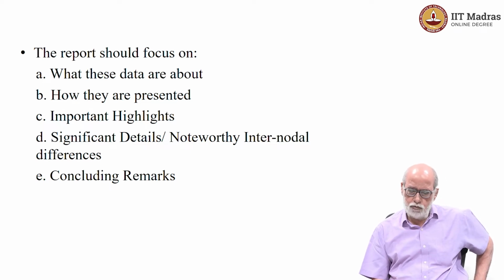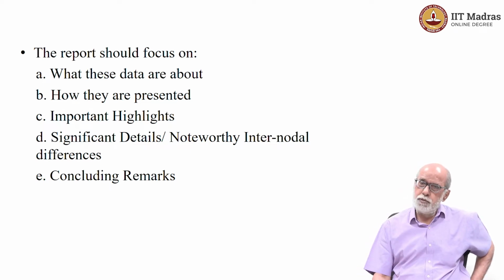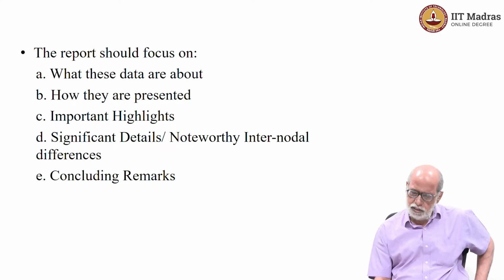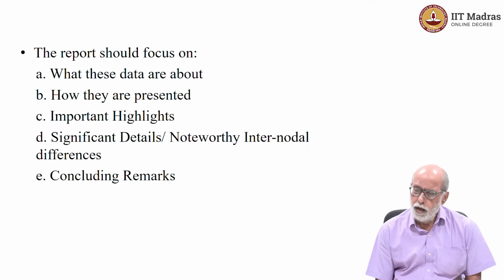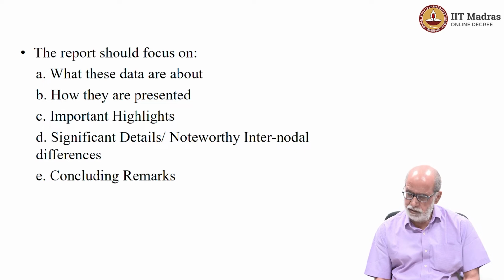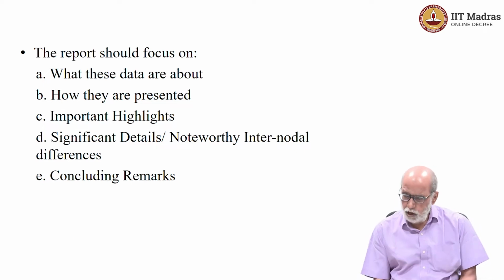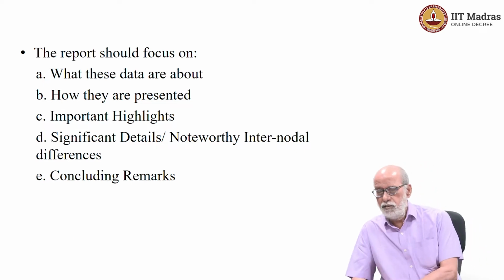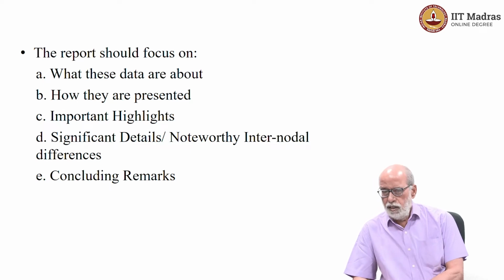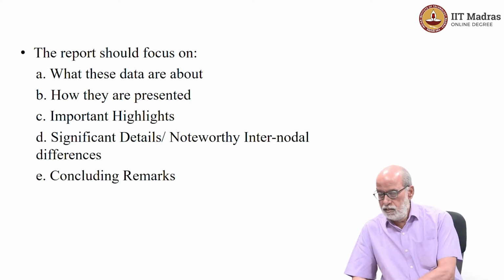Then the next point will be how they are presented. Do these data come to us as pie charts, as bar charts, as bar diagrams, or what? And in these charts or diagrams, how many tables, how many sections are there? In a graph, how many things are you saying?